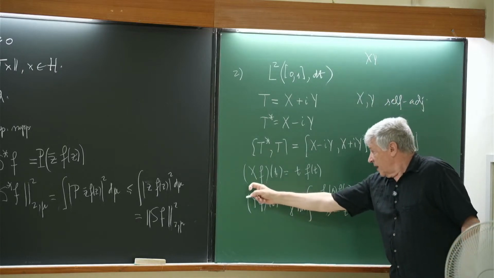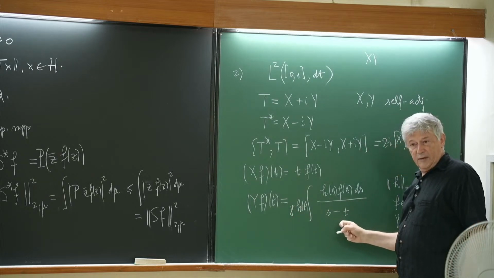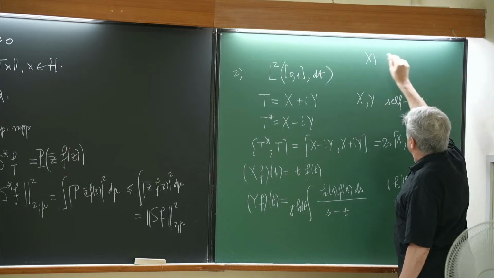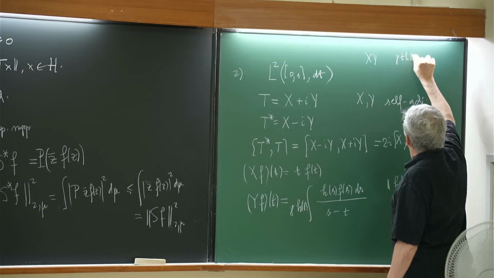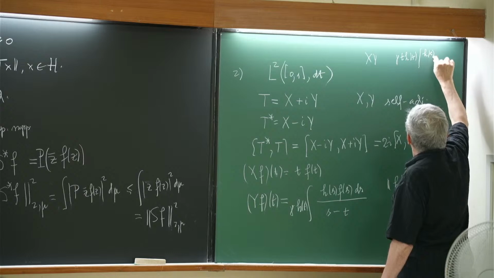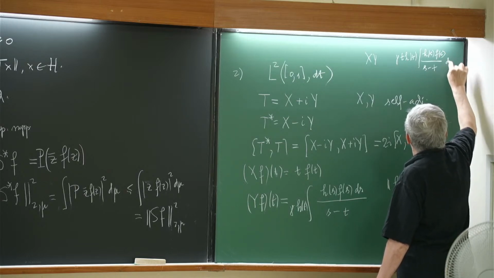I multiply by x this quantity. So it will be, I'll write simply gamma h(t) h(s) f(s) s minus t dt.